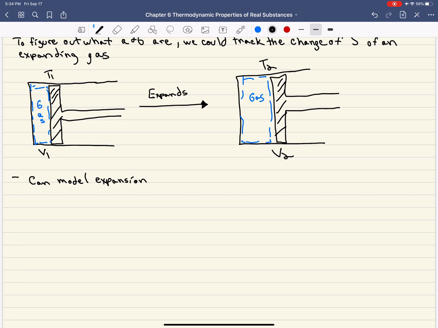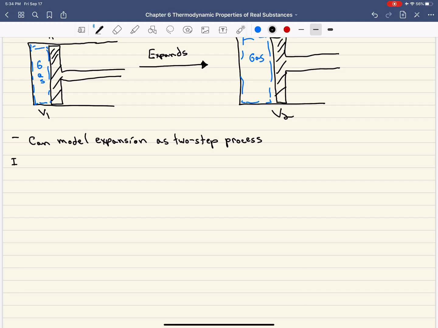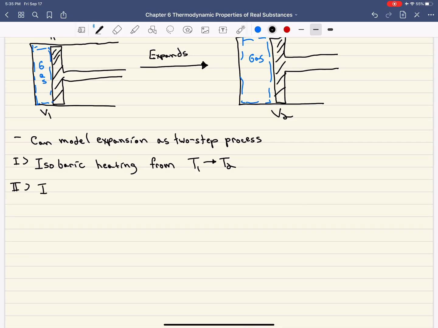The way we think about the expansion is that we first isobarically heat the gas from temperature T1 to T2, and then we isothermally expand the gas so that its volume changes, but the thing that we would be measuring would be pressure.